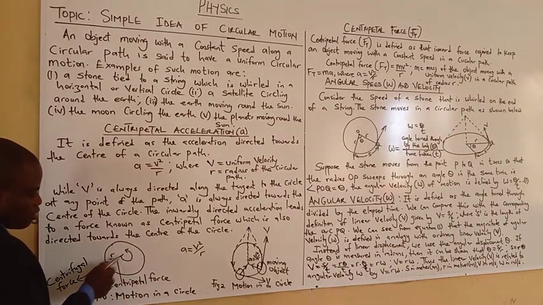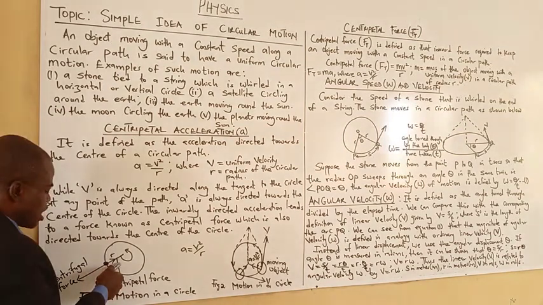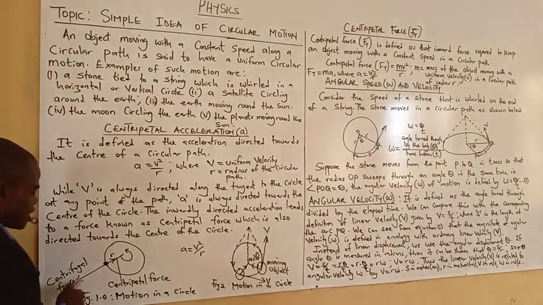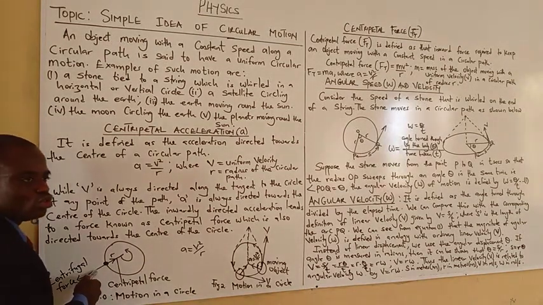You can see this arrow says centripetal force, but the centrifugal force is opposite to the centripetal force. That's why if the value for the centripetal force is 2 Newton, the centrifugal force will be minus 2 Newton.